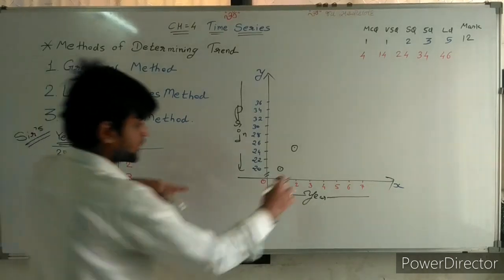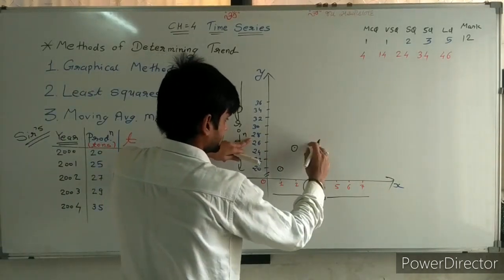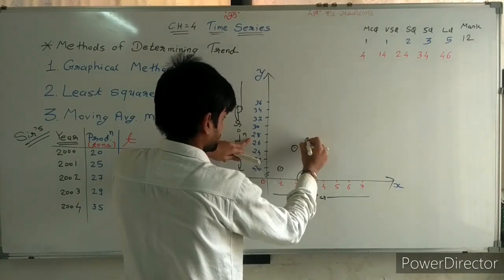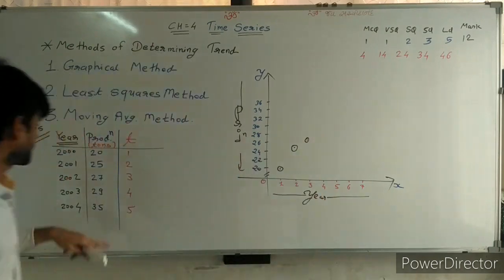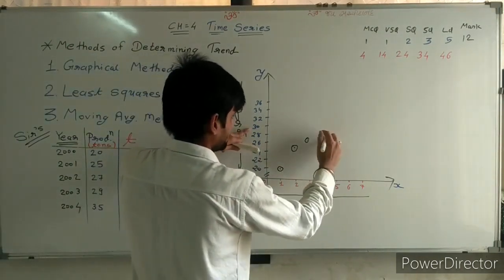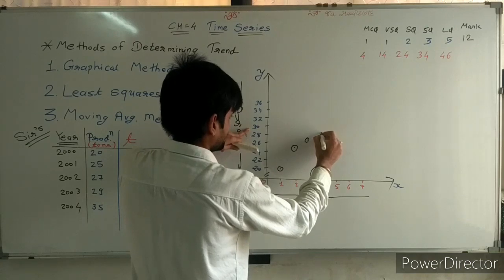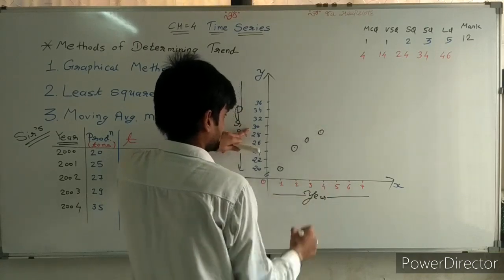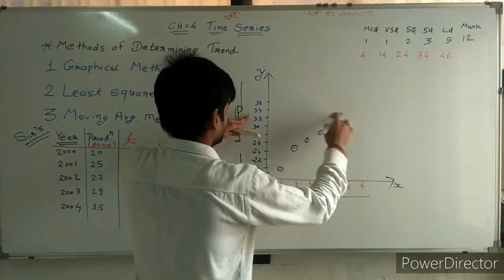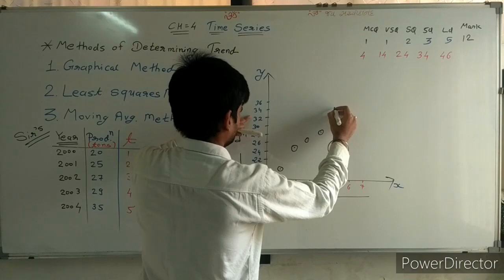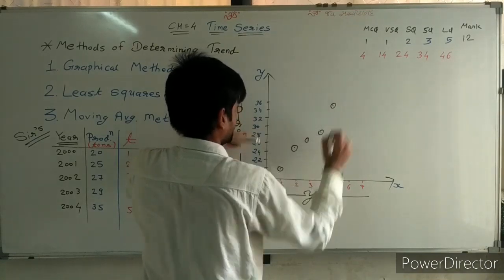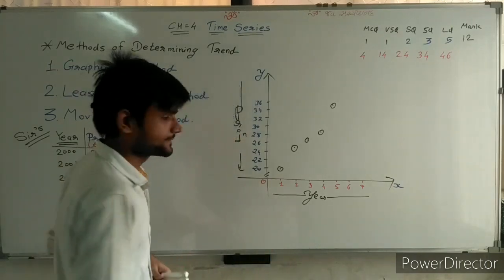Third year 27. Fourth year 29. Fifth year 35. Now join these points.